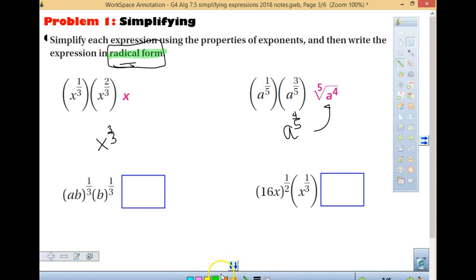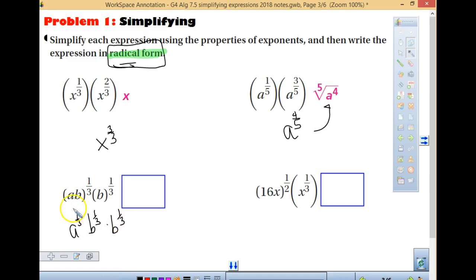So we're taking a look at that next one, a to the 1/3, ab to the 1/3, and b to the 1/3. Again, I'm going to have a to the 1/3. I have b to the 1/3. I'm getting rid of this parenthesis, right? And then I have times another b to the 1/3.